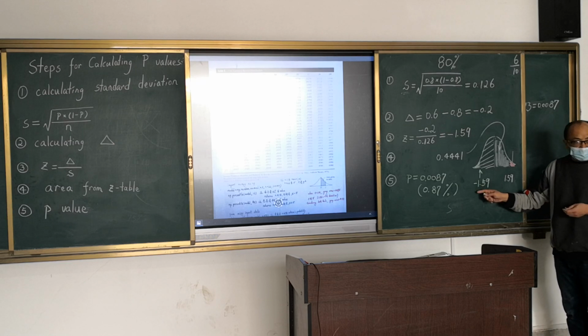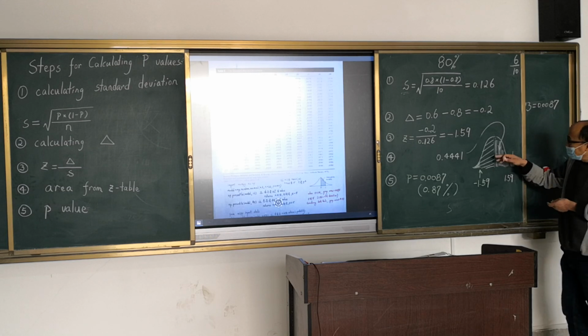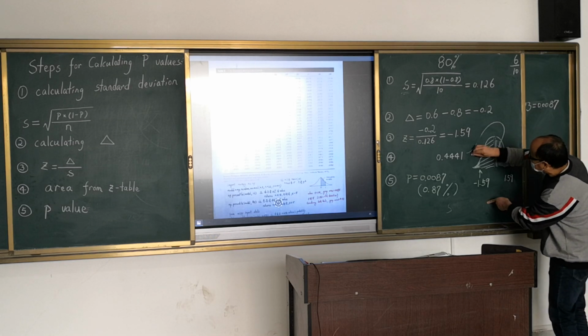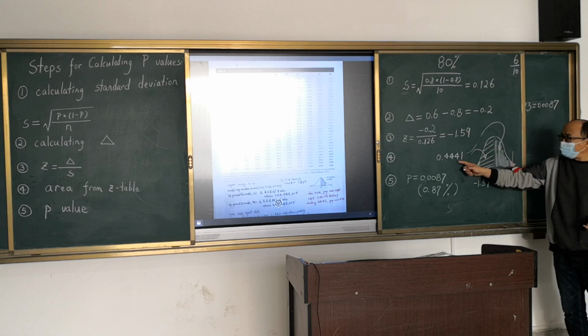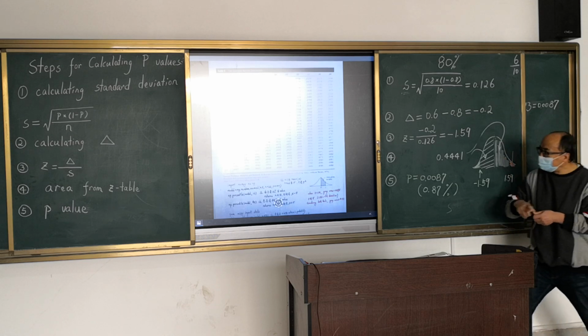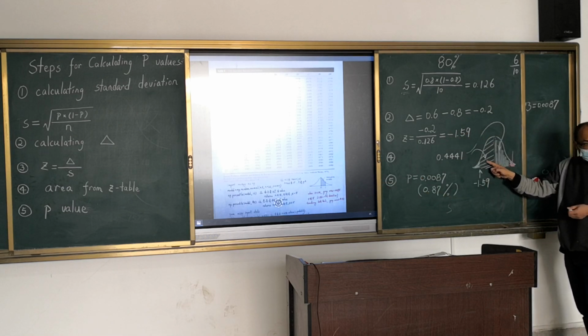Even though this is negative, the area is always positive. Okay? So 0.4441 is this, according to the book drawing, and also this, according to your teacher's drawing. The strip and the solid, they're all 0.4441.